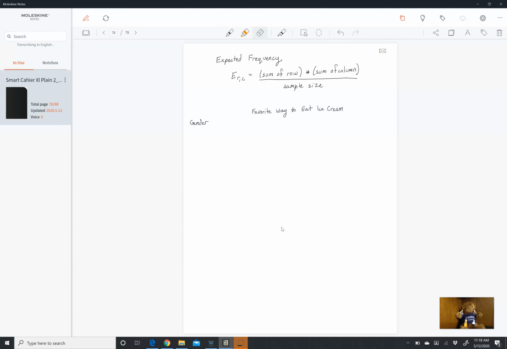We're going to leave lots of room. And this time we're going to add in a total. And then we have the different possibilities. They could eat it in a cup, in a cone, as a sundae, as a sandwich.